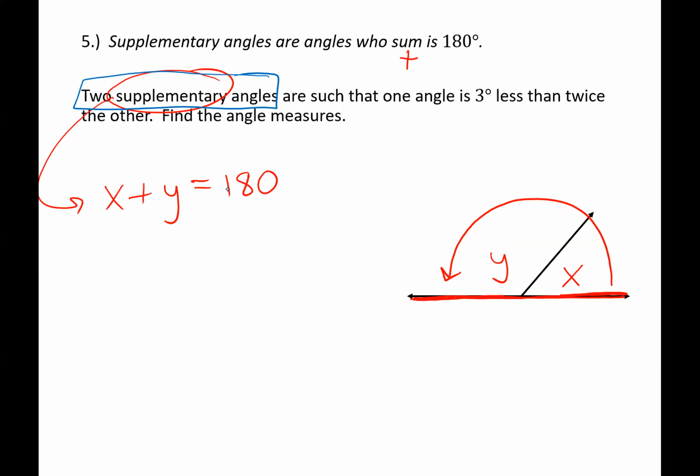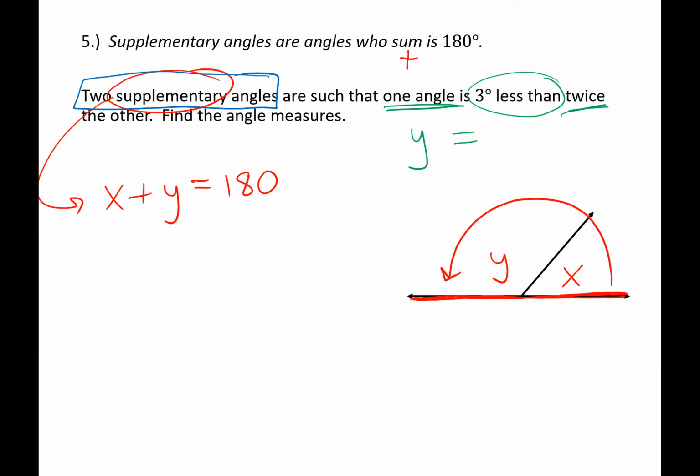Two supplementary angles are such that one angle is 3 degrees less than twice the other. Okay, so one angle is, well, the word is can mean equals. I'm just going to say Y equals. It does not matter if it's X or Y. So Y equals, now let's be careful about what comes next. One angle is 3 degrees less than twice the other.